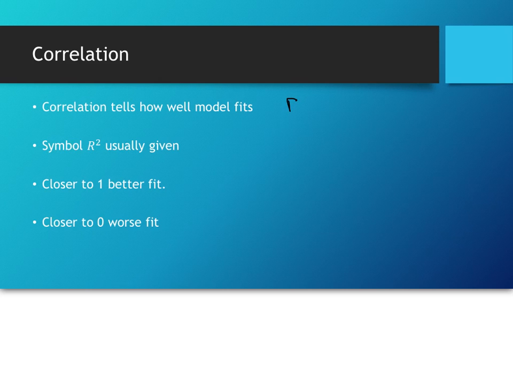If you look at r squared, it's always going to fall somewhere between 0 and 1. For the sake of this class, we're going to say 0 is the worst possible fit you can make and 1 is the perfect fit.